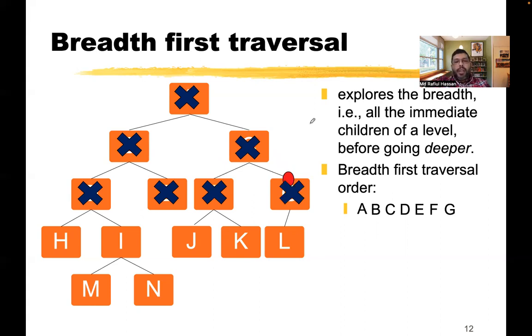In the depth first, we cover the depth along the left child, then go to the right child, right sibling. But here we covered the breadth, then we'll go deeper.